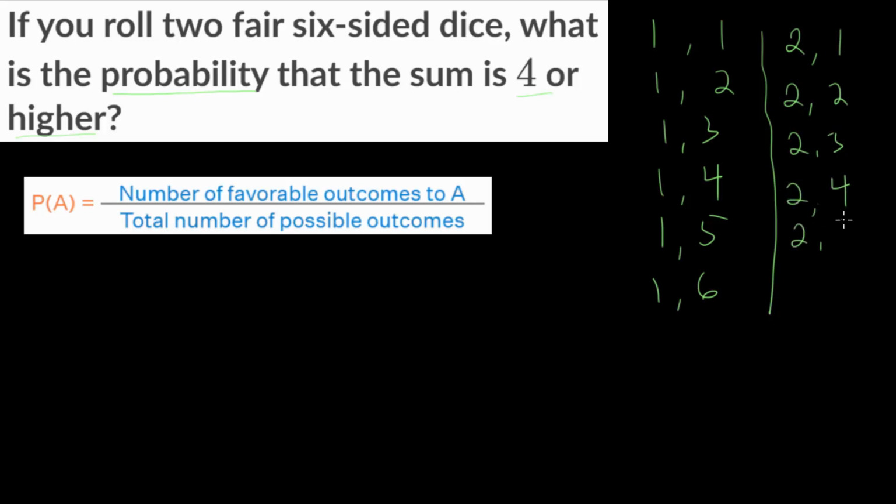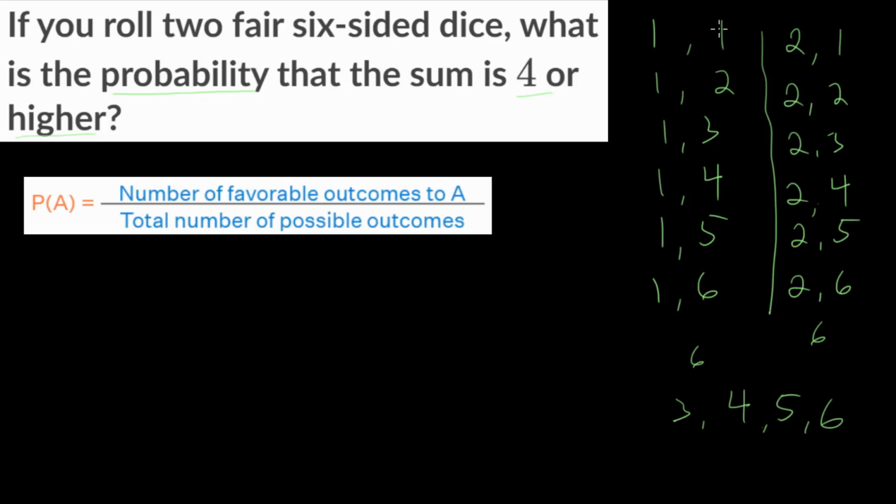Now, what you can see is that each of these columns has 6 different choices, and that's with the first die starting at a 1 or a 2. But then we can do a 3 for our starting die, a 4, a 5, and a 6, and for each of these different starting dice, there are 6 different choices for the second die.